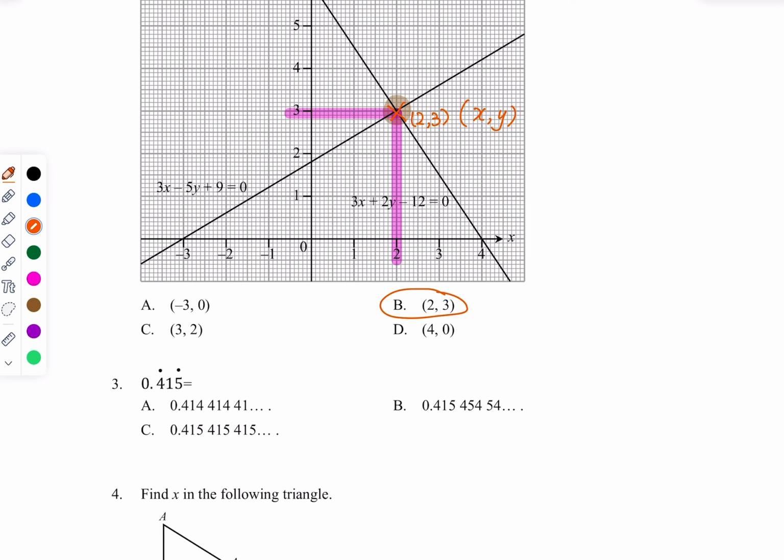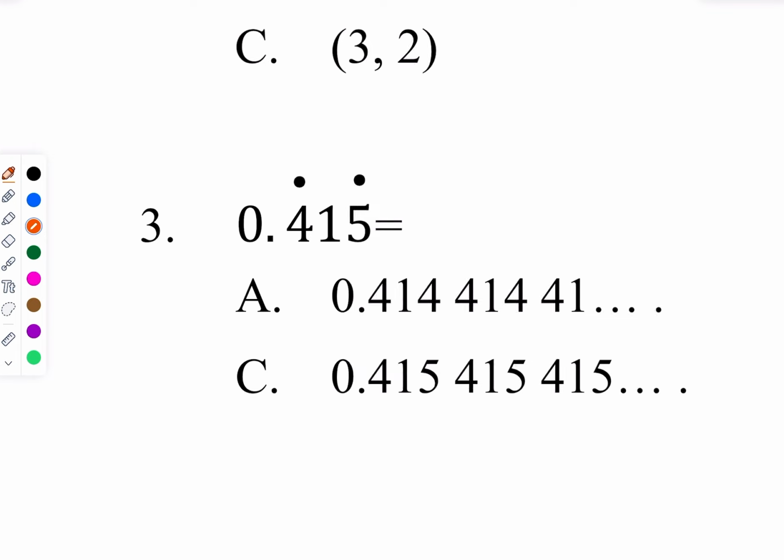The next thing, you must use a calculator. Obviously, if you don't have a calculator, the method is still doable, but it will take more time. In this question we have a dot on 4 and a dot on 5. That means between these two numbers, everything is repeated. From 4 till 5, this whole thing will be repeated.